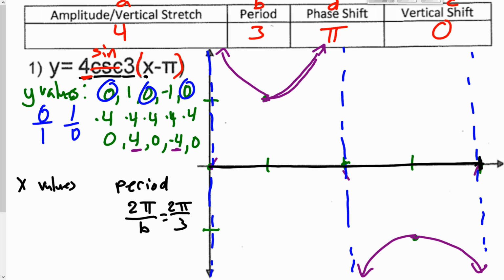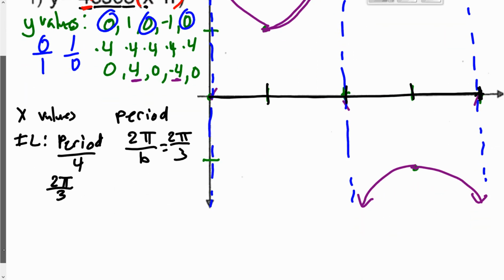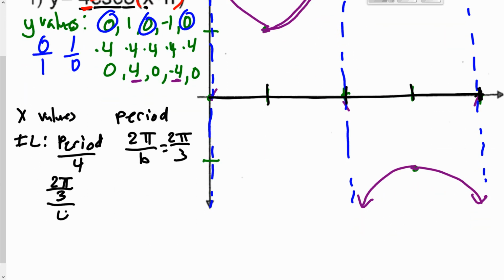And then we want to divide that in 4 even sections. So to get our interval length, we go ahead and take that period and divide it by 4. So we are going to take our 2 pi thirds and divide that by 4, which is the same as taking 2 pi thirds and multiplying by 1/4.